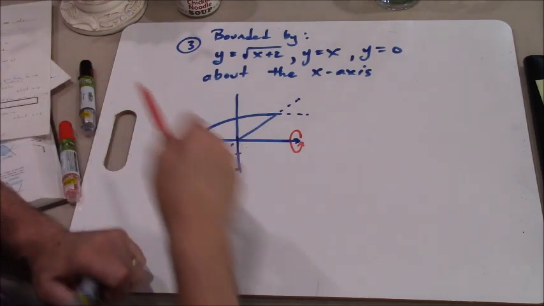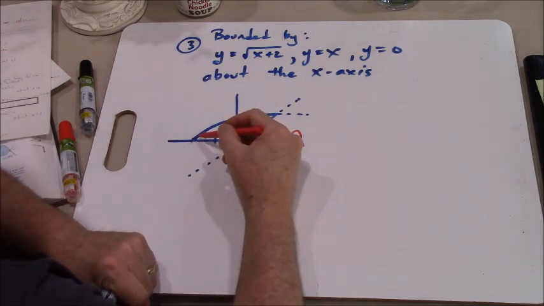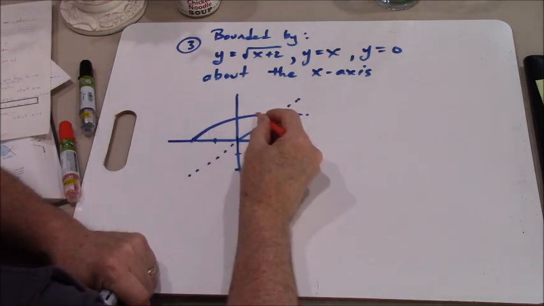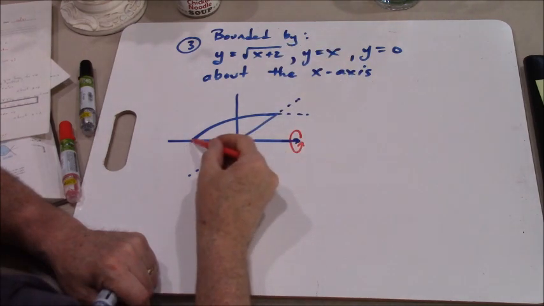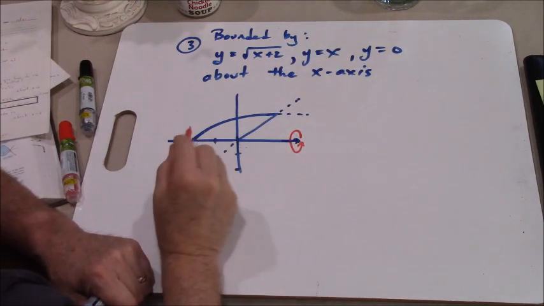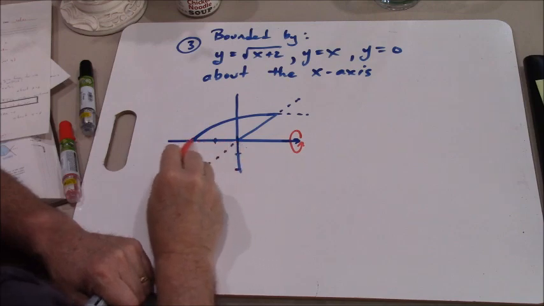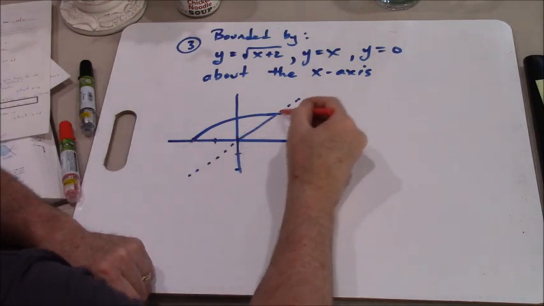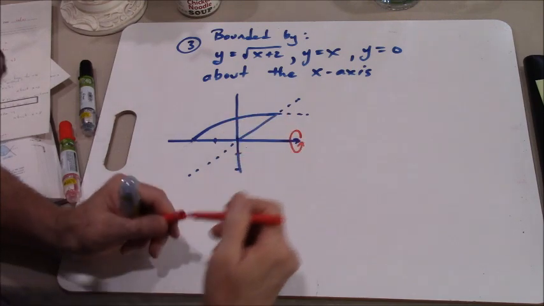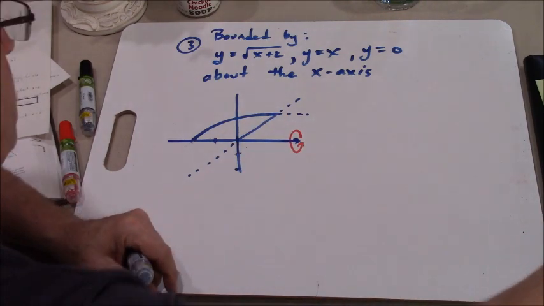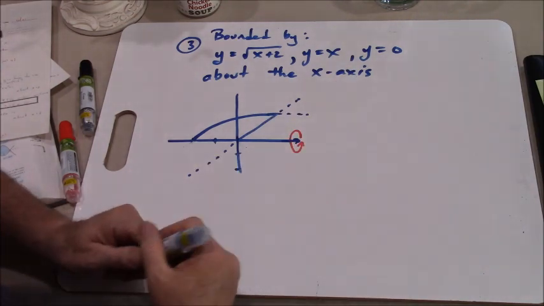All right, so here's y equals the square root of x plus 2. The square root function's been moved to the left 2 units, so I moved the starting point back to here. Here's my line y equals 0, and here's the line y equals x. And so this area right here, we're going to rotate about the x-axis.